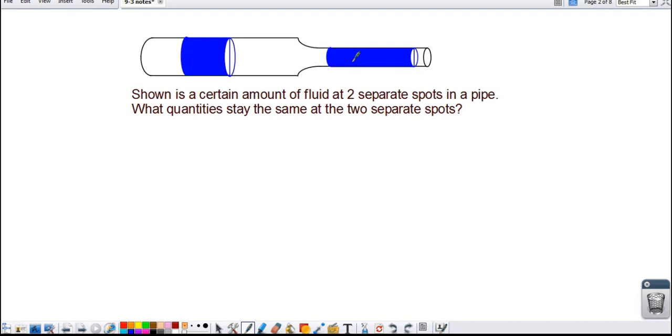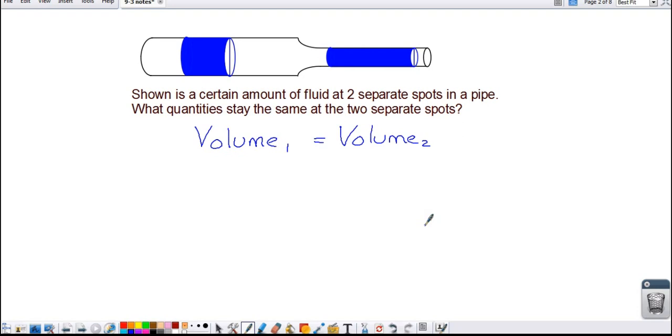Because this fluid is incompressible, the volume of fluid here in section 1 is the same as the volume of the fluid in section 2. It's spread out more here, but the volumes are the same.